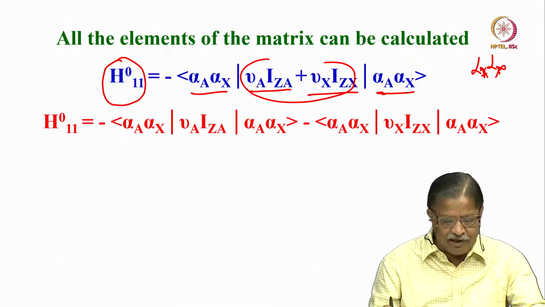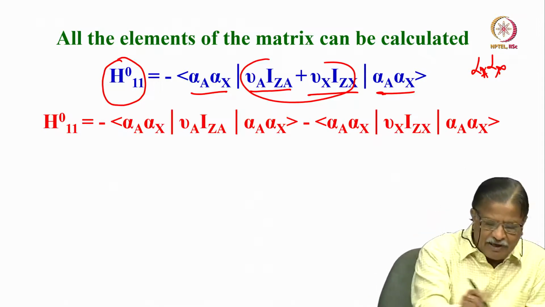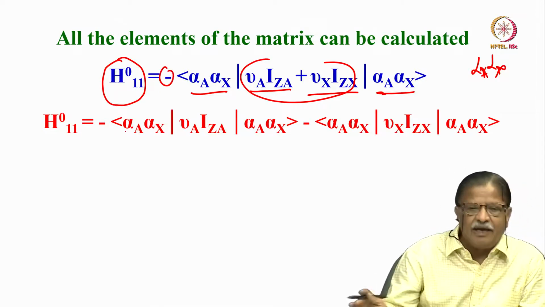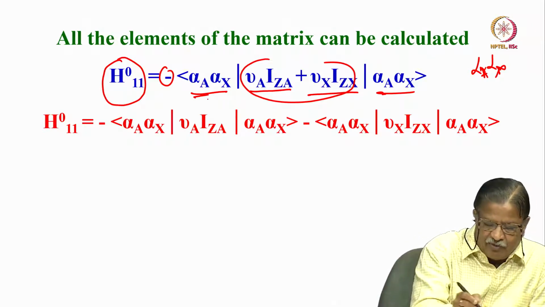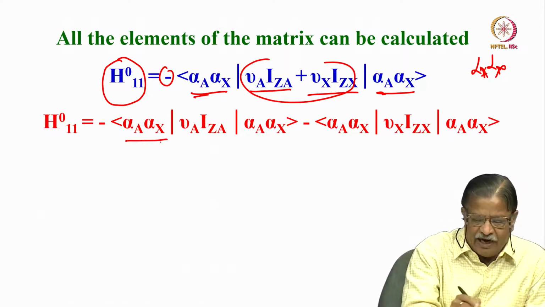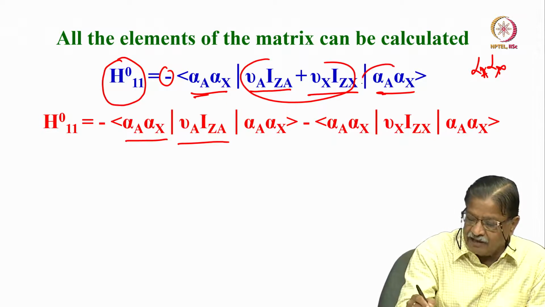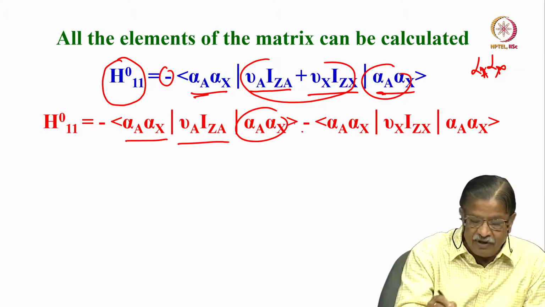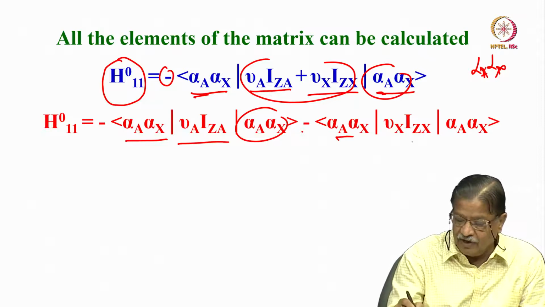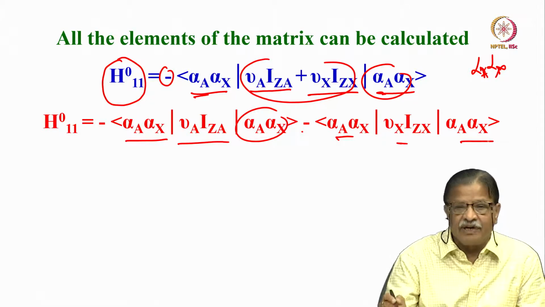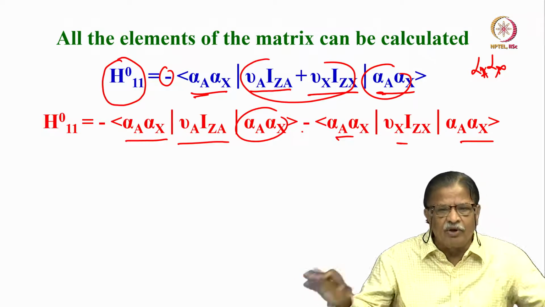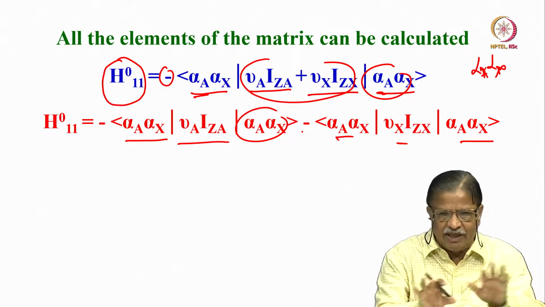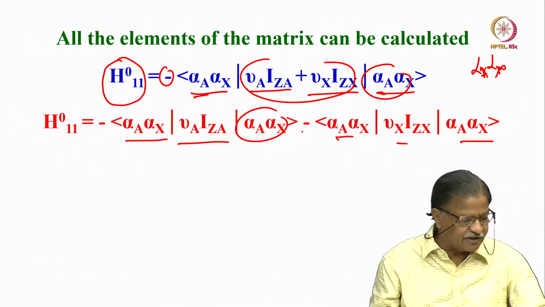If you see, there was a negative sign here, so I expand both the terms individually. I can write alpha A alpha X nu A I ZA alpha A alpha X, minus alpha A alpha X nu X I ZX alpha A alpha X. I did not do anything, I simply separated out two terms, these interactions.